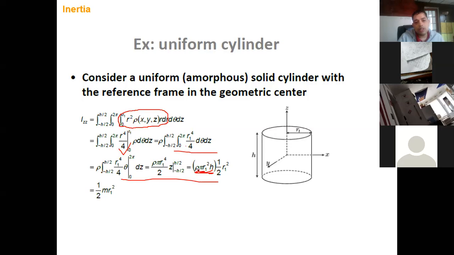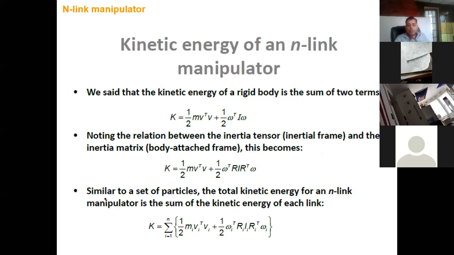The product of rho and volume is the mass, right? So that's what I did. So the m 1/2 r1 squared, that's what you get. So, yep, that's how you do it.